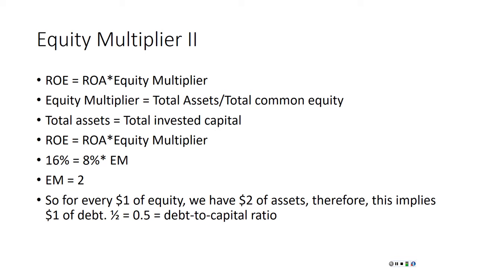Therefore, ROE is equal to ROA times the equity multiplier. So 16% equals 8% times the equity multiplier, implying the equity multiplier is 2. So for every $1 of equity, we have $2 of assets. Therefore, this implies that for every $1 of debt, 1 divided by 2 is equal to 0.5, which is our debt to capital ratio.